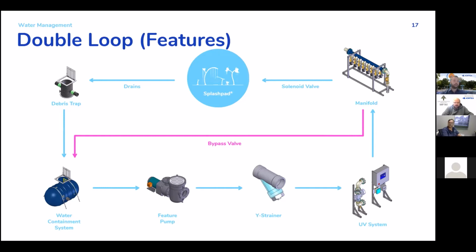The bypass will allow for the water to be redirected when no one is using the splash pad, since pumps don't like to be shut on and off. They like to be running all the time. That's an easy way to kill a pump, is to turn them on and off all the time. You'll kill a pump in about 2 or 3 years if you're continuing to turn it on and off. So having that bypass, it'll keep them running and have a constant flow.